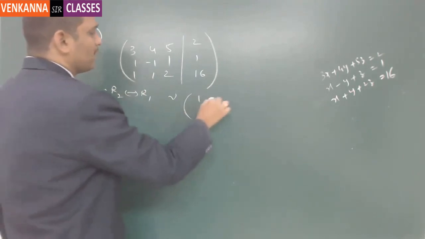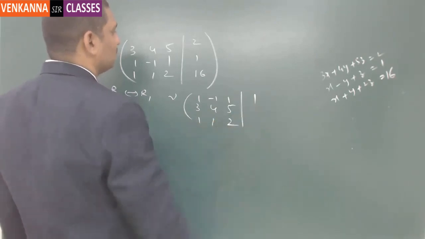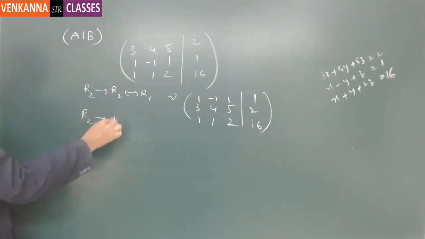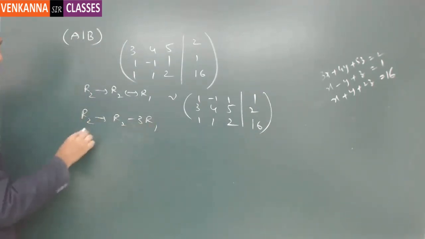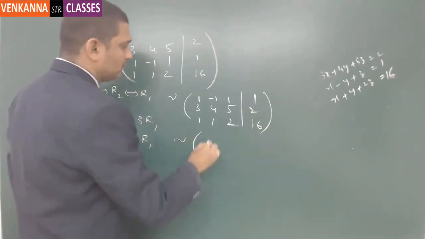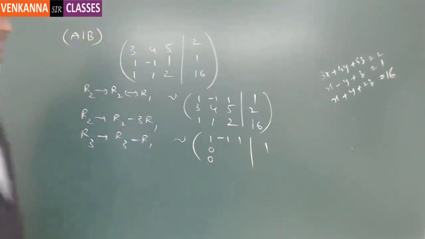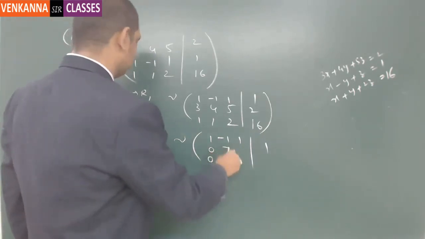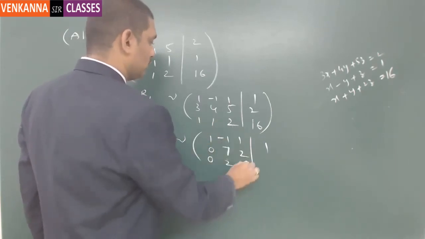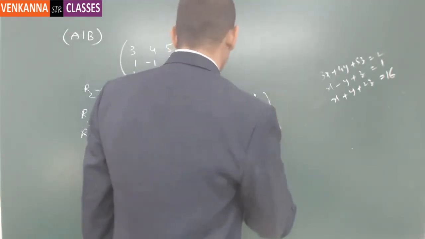So equivalent to 1, -1, 1 | 1; 3, 4, 5 | 2; 1, 1, 2 | 16. So R2 tends to R2 minus 3 R1 and R3 tends to R3 minus R1. So equivalent to 1, -1, 1, 1, then 0, and R2 minus 3 R1 will be 7, 2, -1.